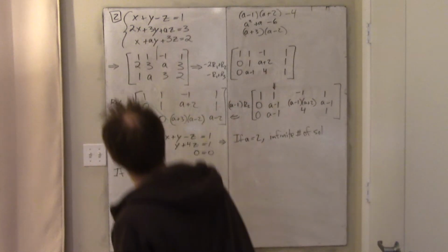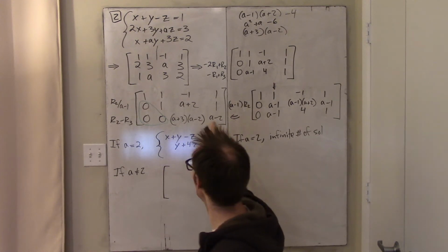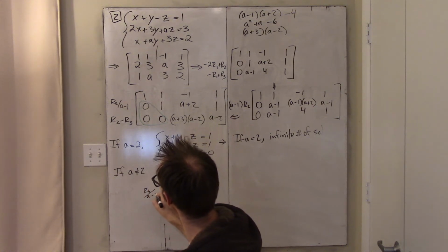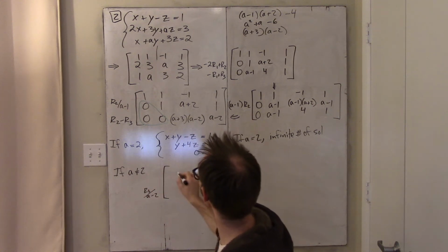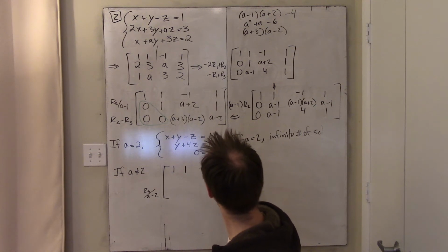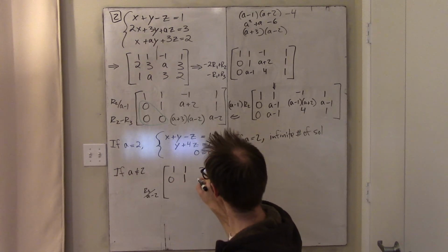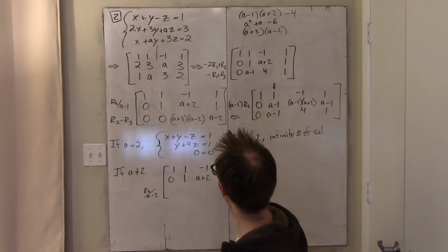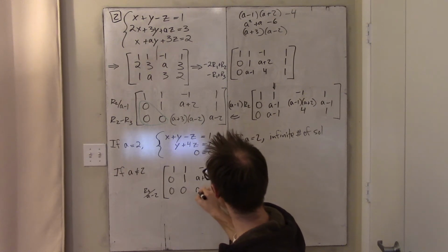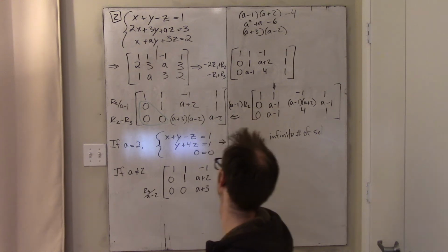That's a simplifying step I can do, which is to divide row 3 by a minus 2. So that gives me 1, 1, negative 1, 1. Here I get 0, 1, a plus 2, 1. And here I get 0, 0, a plus 3, 1.